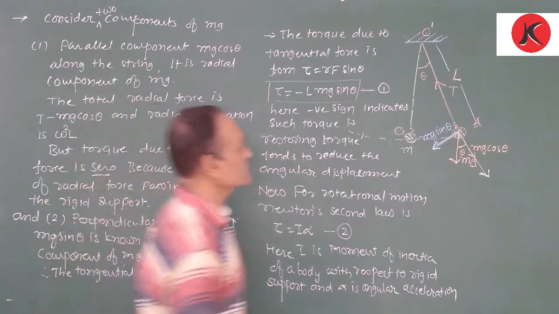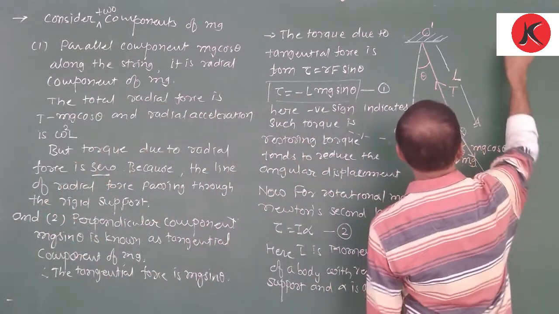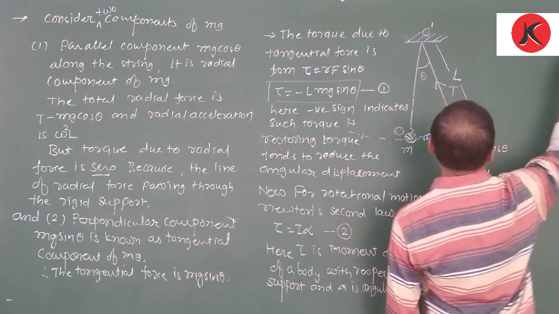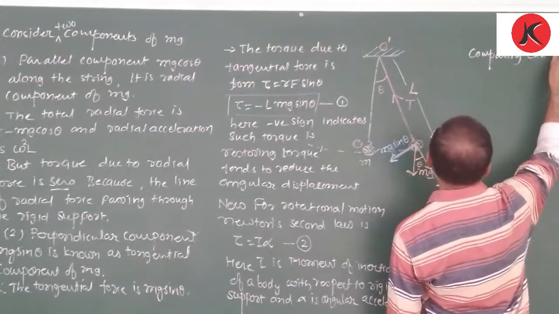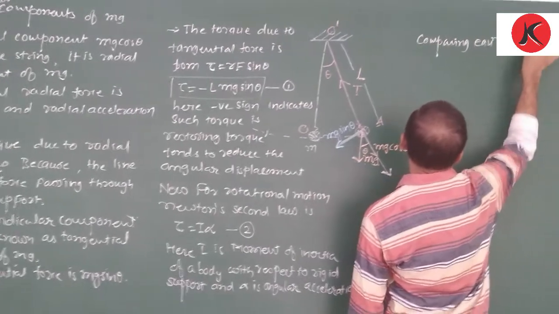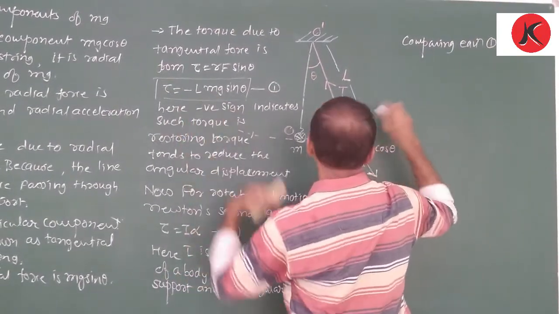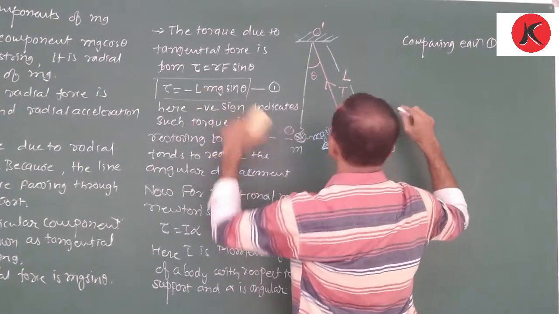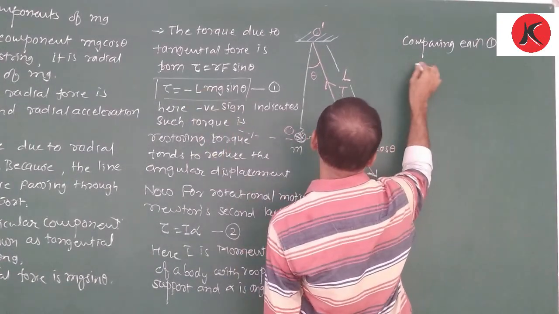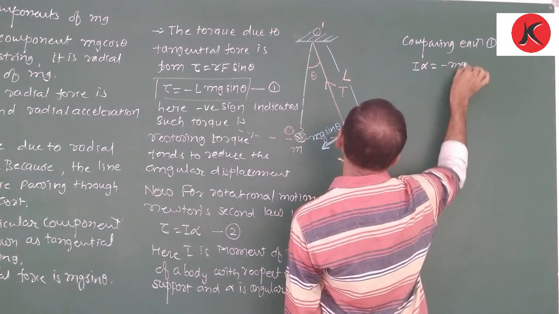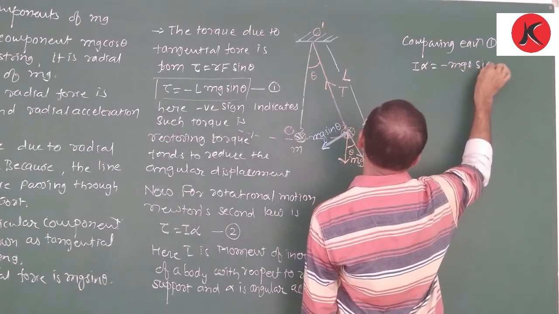Now comparing equation 1 and 2. What do you think? I alpha is equal to minus mgl sin theta.